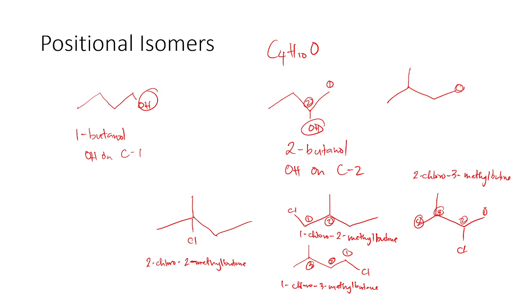And for the last structural or constitutional isomer, we have the skeletal isomer. So by skeletal isomer, we have been encountering this when we talk about the common names of alkanes. So by skeletal isomers, these are just compounds that differ in connectivity of their carbon atoms.